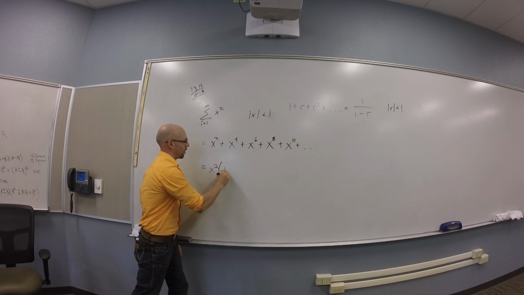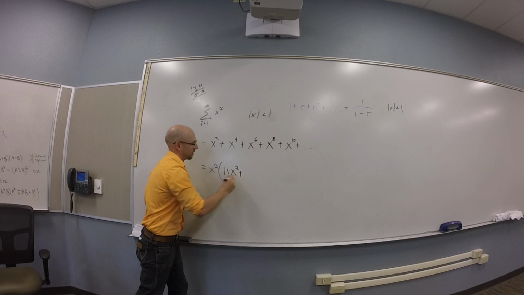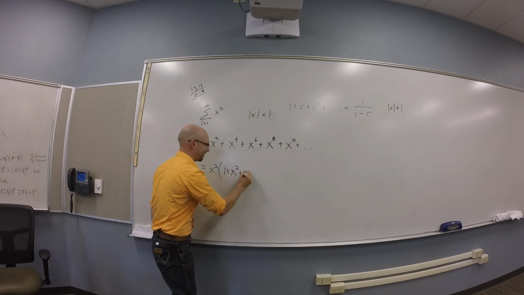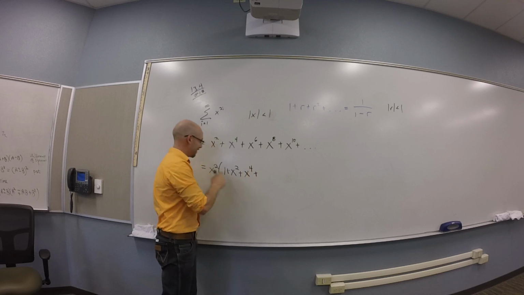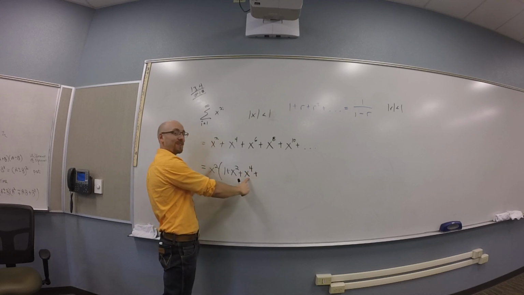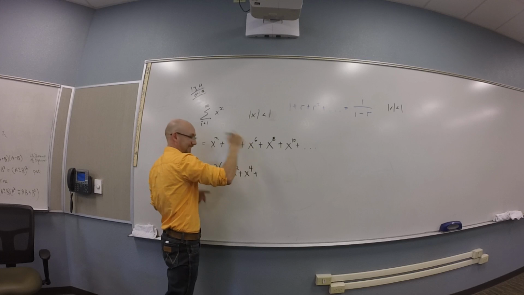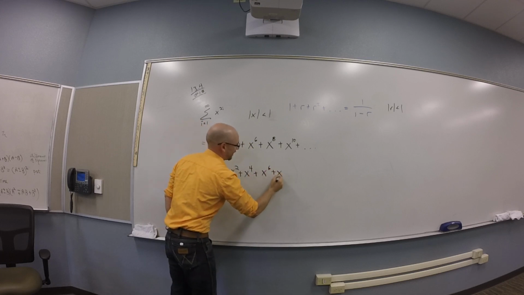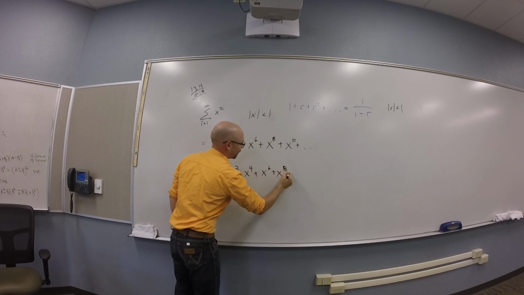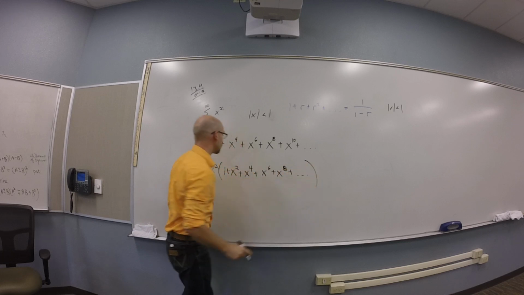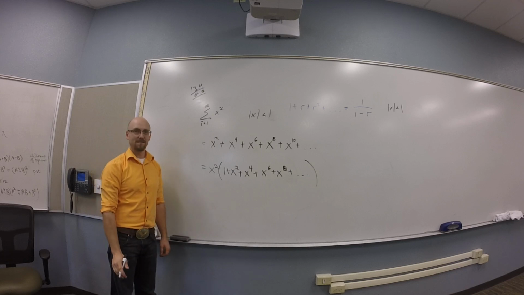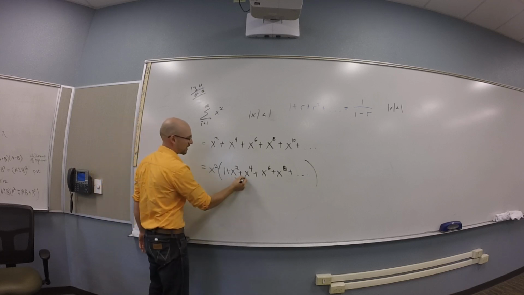And then I've got 1 plus x squared plus x to the 4th, because x squared times x to the 4th is x to the 6th. This one's 8, and so on. So what's your multiplicative factor between these things? x squared. You're multiplying by x squared to get between terms, right?